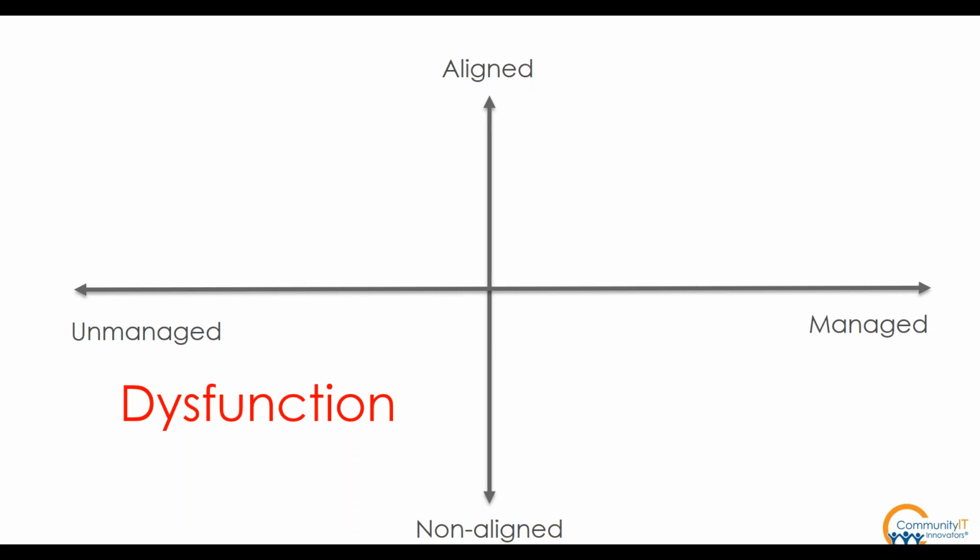What does it look like if your IT is well managed but not well aligned with the business needs of the organization? Then it becomes a cost center. I think many of us have experienced this as well, where IT is constantly being asked to cut costs. IT is not seen as delivering value to the organization, and so very little investment is made in IT, or the investment that is made is constantly questioned and needs to continually justify itself.